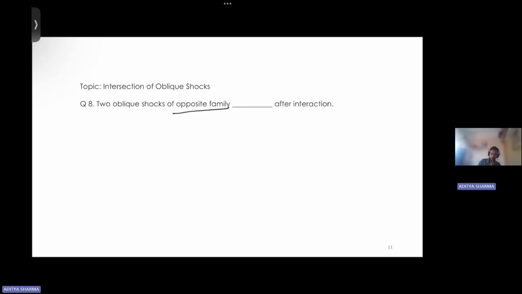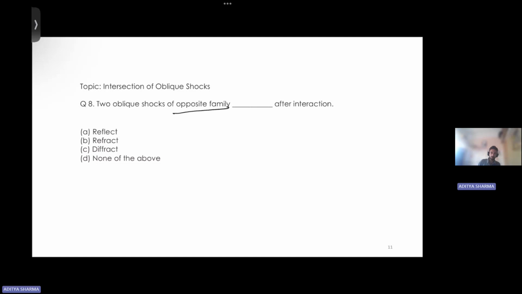Question number 8 says that the two oblique shocks of opposite family dash after intersection. So we have four options, right? So these oblique shocks either reflect or diffract or none of the above.